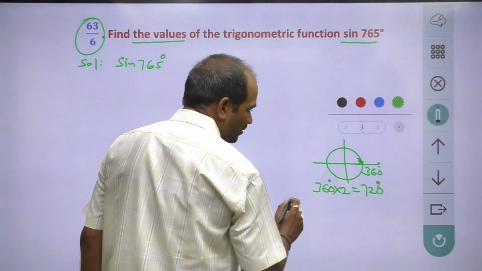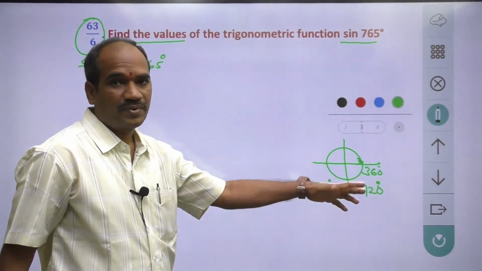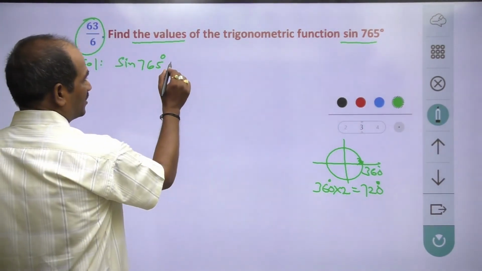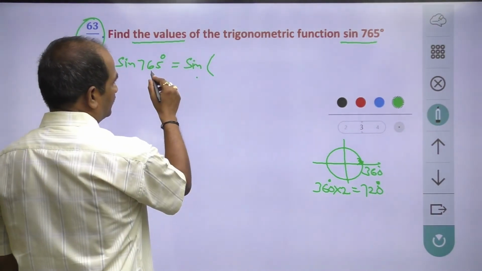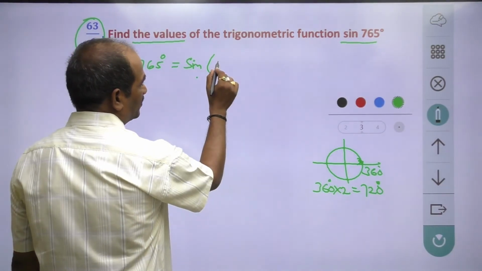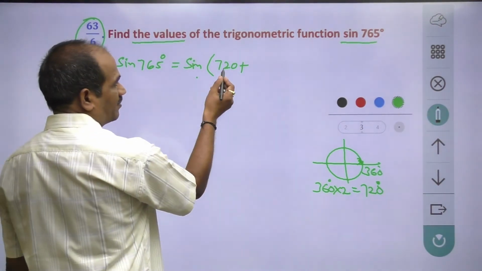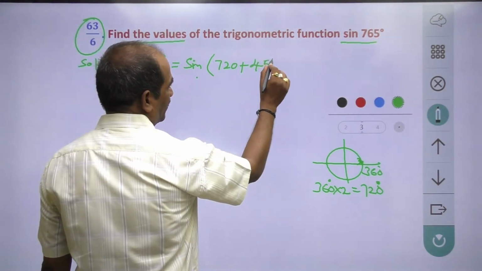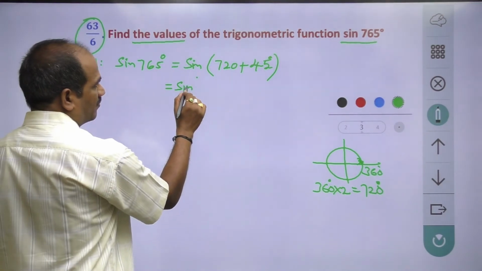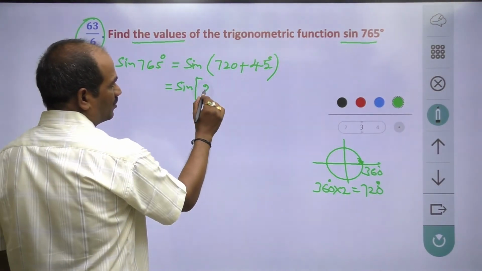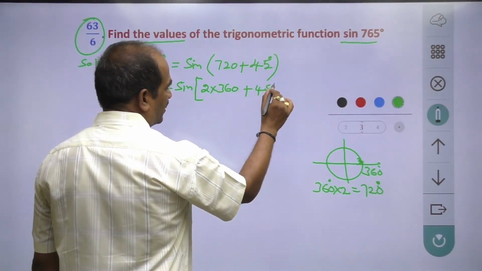So 765 can be written as 720 plus the remaining angle, 765 minus 720, that is 45 degrees. So sine of 765 is sine of 2 into 360 plus 45 degrees.